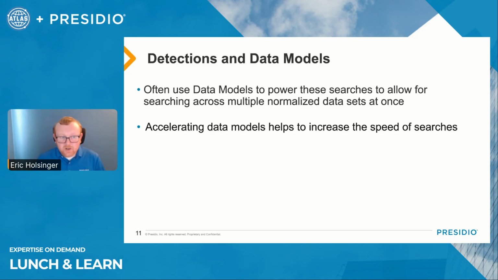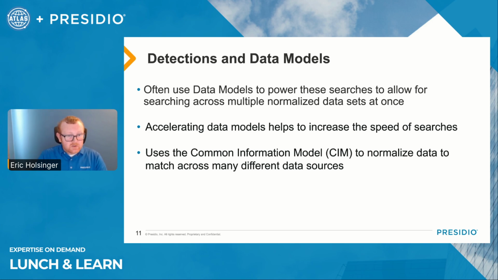Another benefit of data models is being able to accelerate those, basically creating quick searchable copies of the data within your data model so that you can dramatically speed up the searches. And again, that comes with drawbacks. The more data that you're accelerating, the more storage you're going to need to keep that data. So definitely recommend accelerating when you can, but you will have an increase in storage.